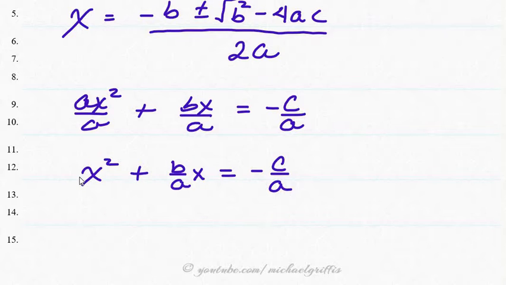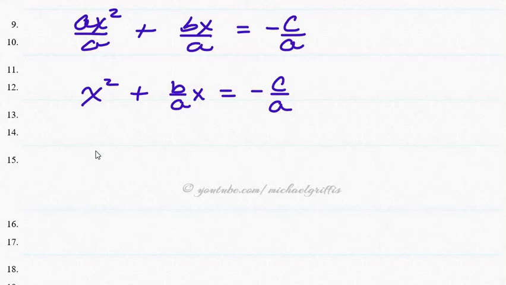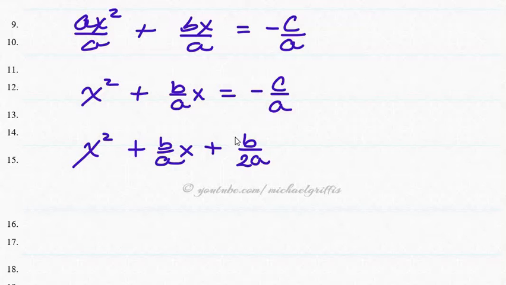Our goal was to get a 1 out here in front by multiplying through by 1 over A. The next thing we're going to do is add something to both sides, and that is B over 2A, quantity squared.